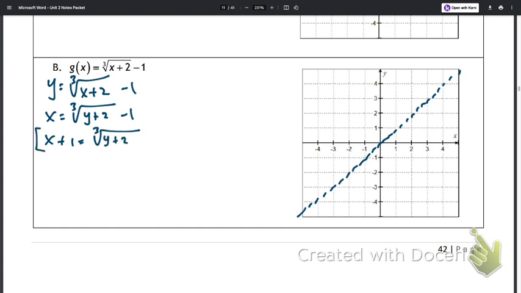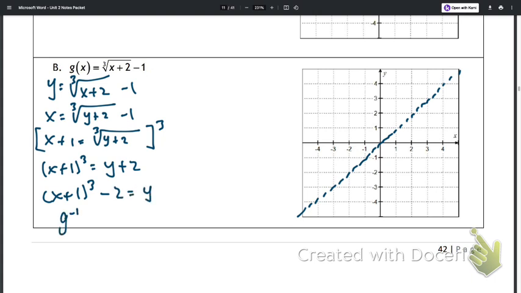I'm going to go ahead and cube everything. Cube both sides. So that gives me x plus 1 cubed. When I cube the right side, I just get y plus 2. And then I'm going to go ahead and move over the 2. So subtract it. So we've got y. So I'm going to rewrite this as g negative 1 of x equals x plus 1 cubed minus 2.